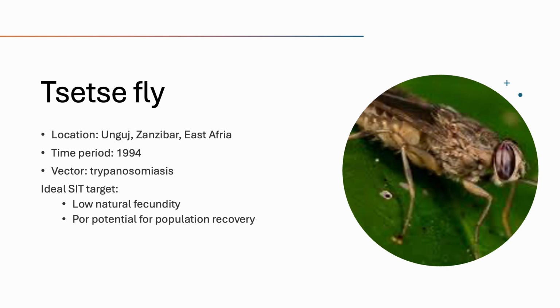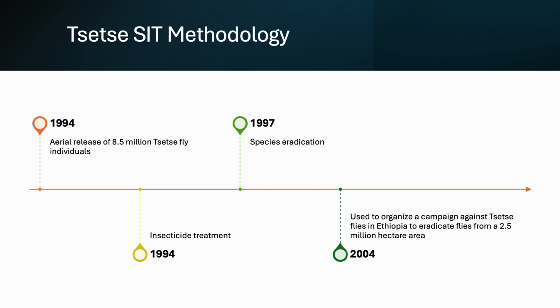Another prime target of SITs are the tsetse flies, which are a vector for trypanosomiasis. They are an ideal target as they have low natural fecundity and poor potential for population recovery. To treat the trypanosomiasis seen in Zanzibar, East Africa in 1994, SIT efforts were employed.